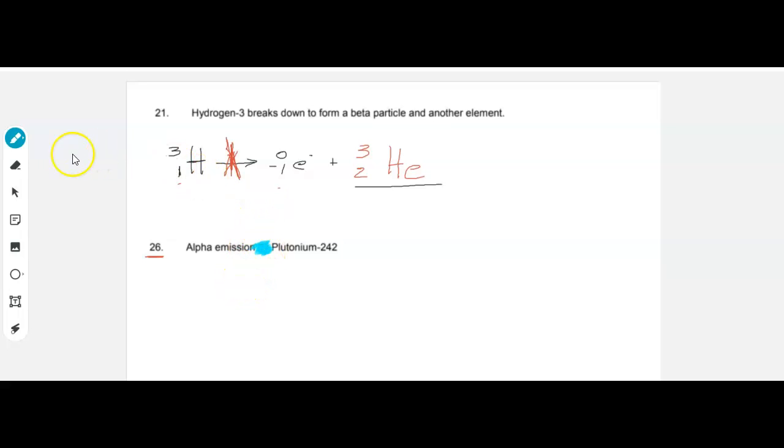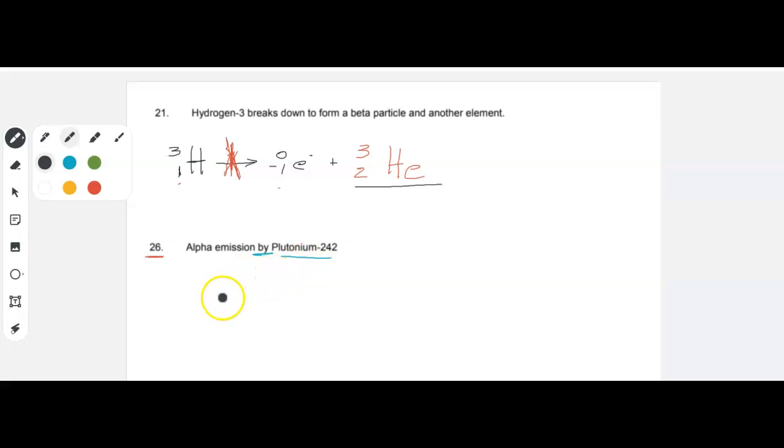When you look at the wording, alpha emission by plutonium, that means plutonium is the starting substance. So we have to read the sentence carefully to understand what our beginning material is, plutonium-242, and what is happening to it. You have to read the sentence and not just write down the words in the order they come in the sentence.